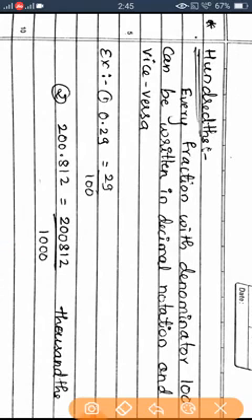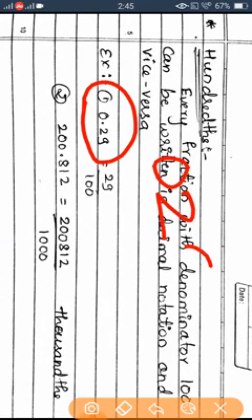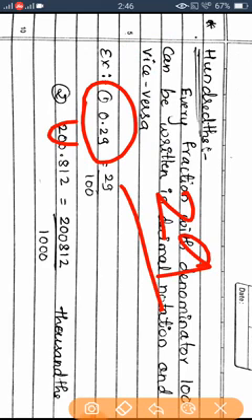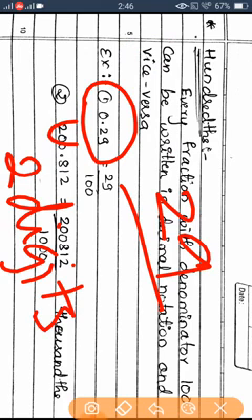See, 0.29 we can write directly as 029, it becomes 29 only, isn't it? Keeping any number of zeros before the number, the value is the same. That's why 29 divided by 1 followed by as many zeros as digits after the decimal. How many digits are there? 2 digits are there, means 1 followed by 2 zeros. That's all.